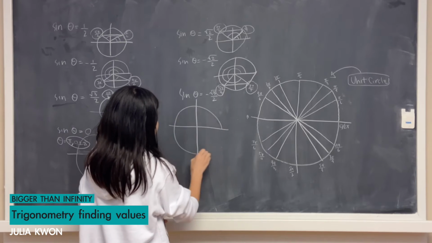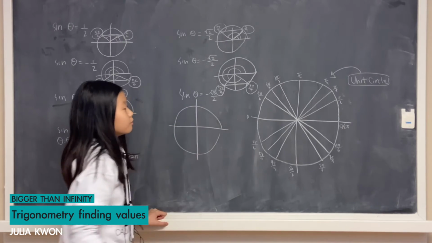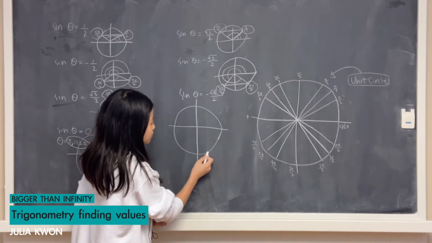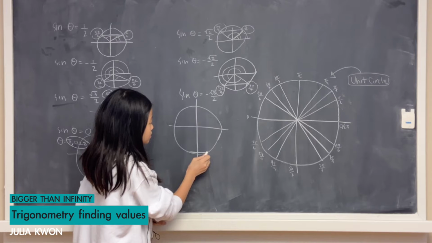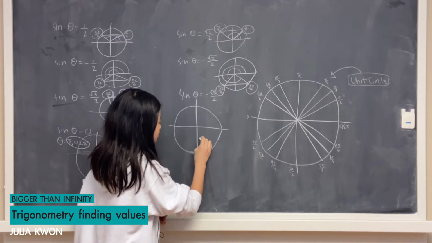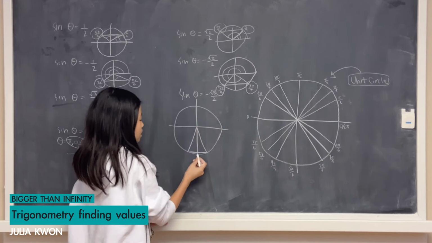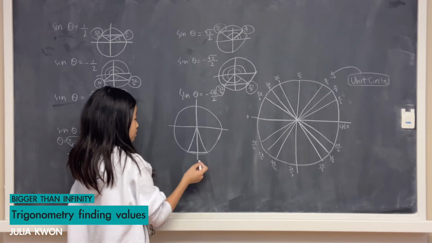Now finally, for sine theta equals negative square root of 3 divided by 2, we have this point. Negative square root of 3 divided by 2 is really close to negative 1.